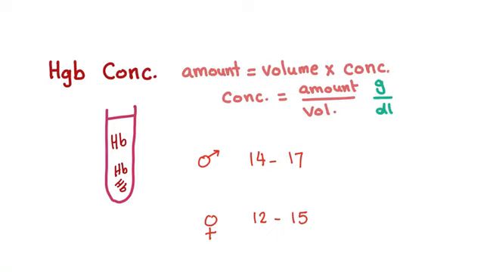So in males, the hemoglobin concentration is 14 to 17. What's the measuring unit? Gram per deciliter. Females, 12 to 15. Okay, you can remember males as average of 15 and females average of, for example, 13.